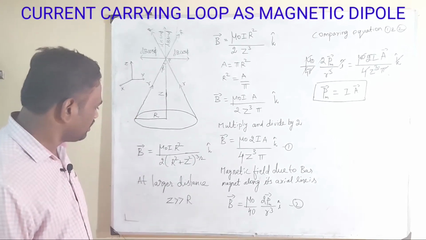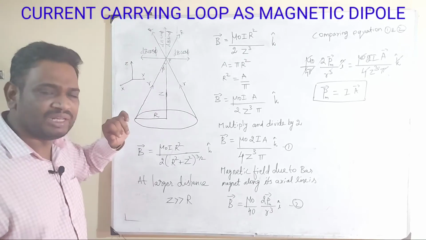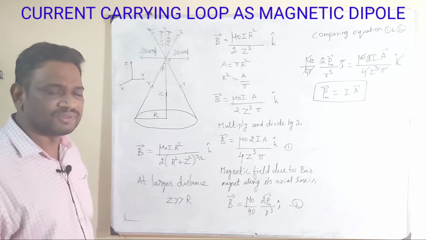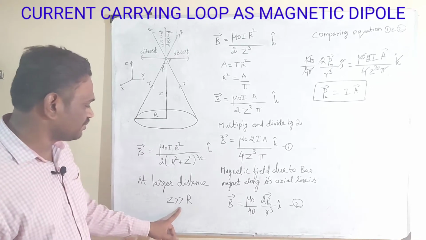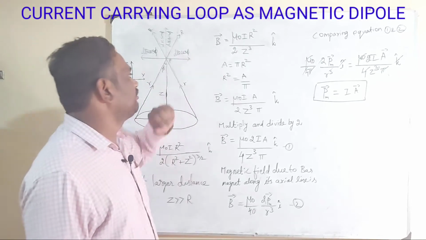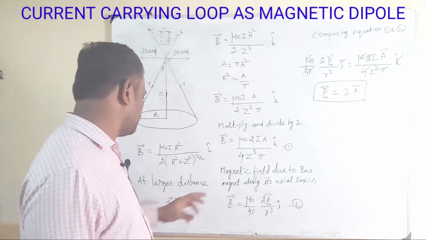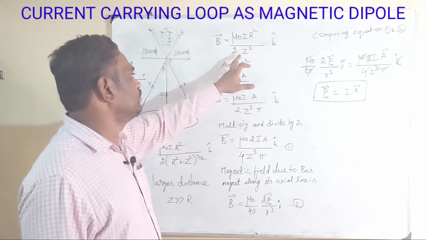At large distance, Z will become very large compared to the radius of the circular coil, so that Z is very much greater than R. So the magnetic field B vector is equal to mu naught I r square divided by 2 Z cube.